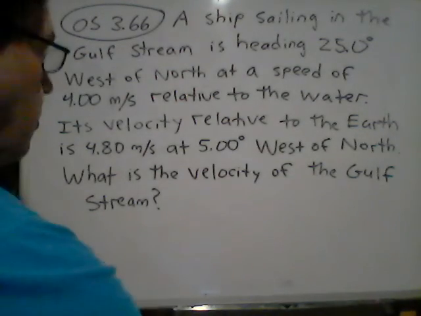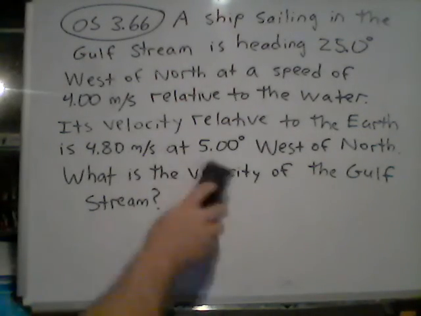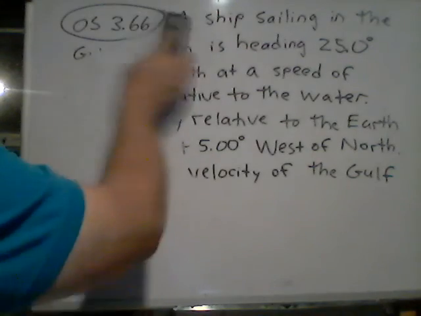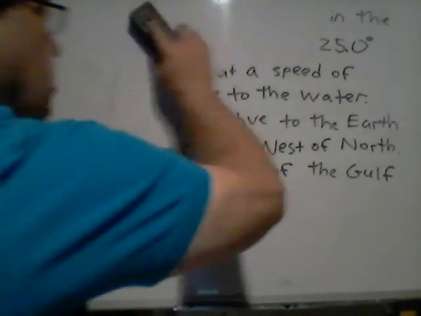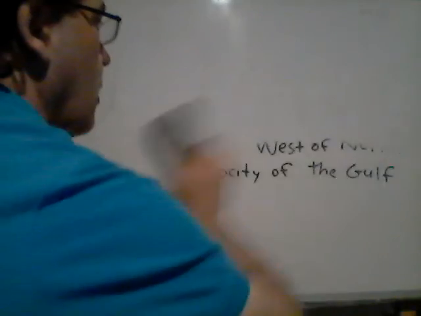So let's try to figure out what we have. I'm going to erase this, and I'm going to draw a couple of vectors real quick. Again, two-dimensional vectors, and remember what we have. This is OpenStax 3.66. So let's draw a couple of graphs. What were we told? What general equation are we going to talk about here?